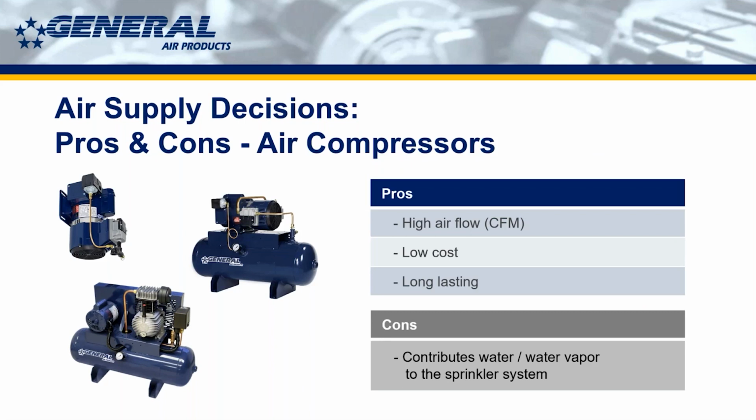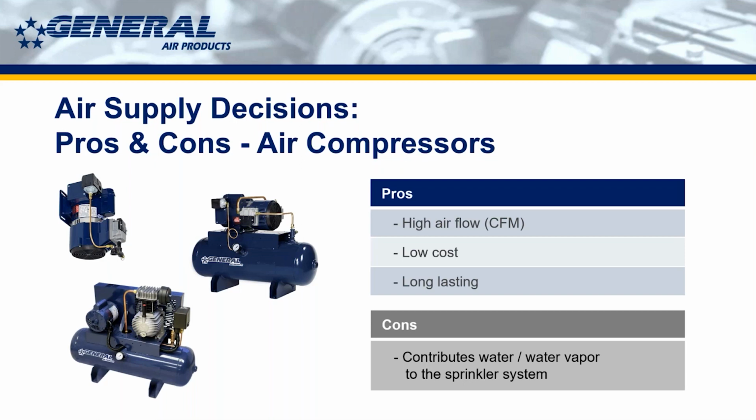Okay, good. So where corrosion is concerned, let's group all of our compressors together as one technology, compressed air or air compressors. The pros there are high airflow, lower cost, and longer lasting compared to the other technologies, specifically nitrogen generators and dry air generators.